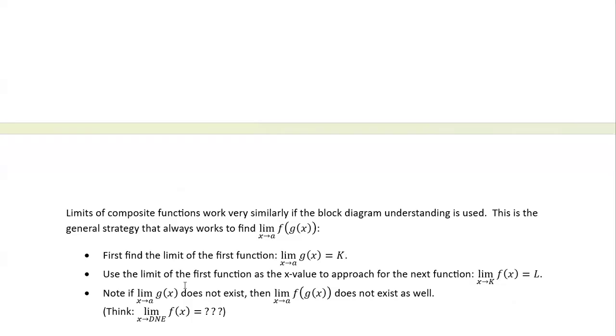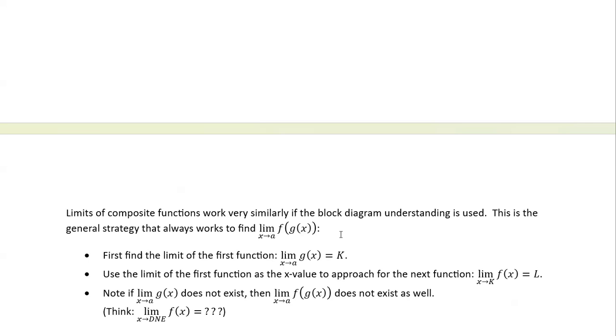And then we're going to use the limit of the first function as the x value to approach for the next function. So we approach k for g, so we're going to use that as the input in a sense to f. So we're going to approach k for f of x, and if that approaches L, then we say limit as x approaches a of f of g of x is equal to L.